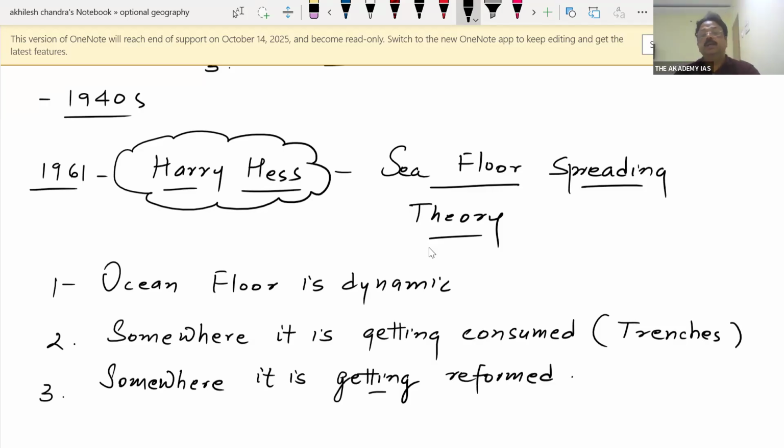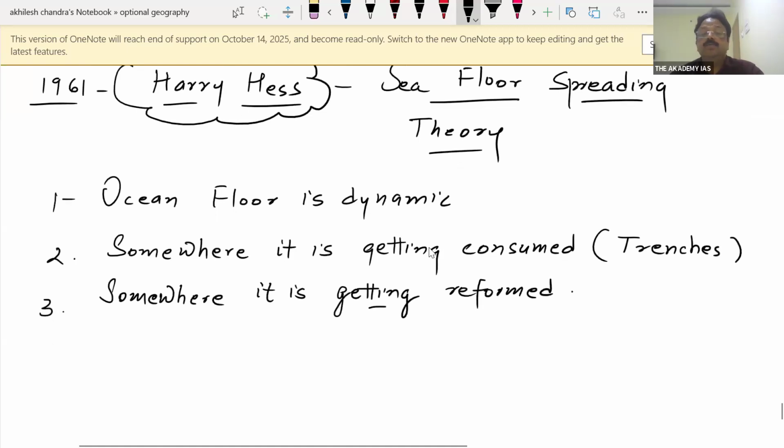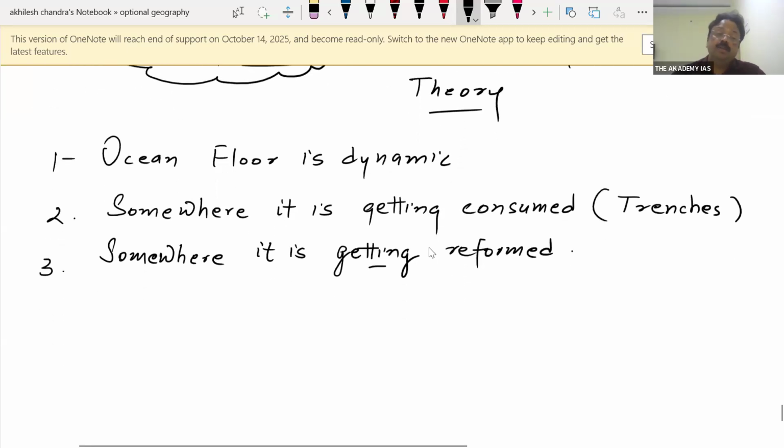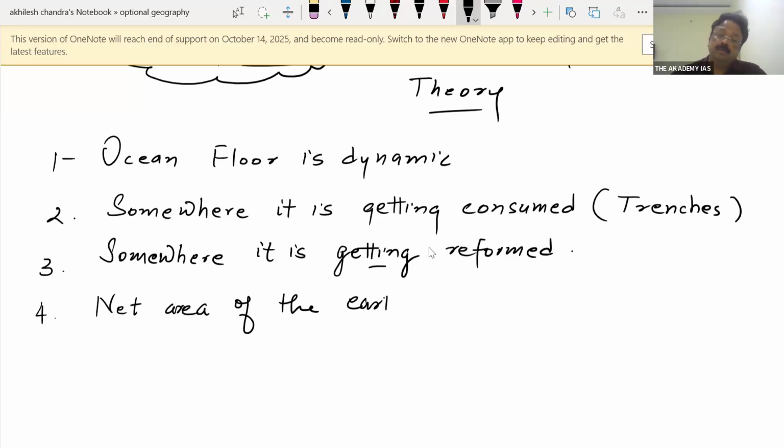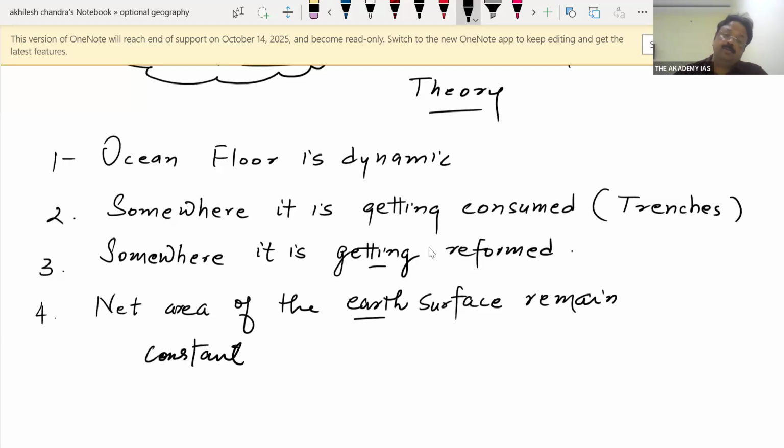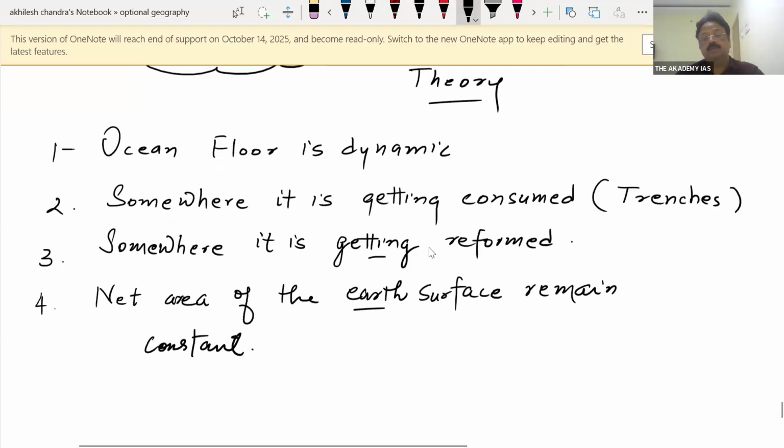Somewhere it is getting consumed and somewhere it is getting reformed. And not only this, the net area of the Earth's surface remains constant.